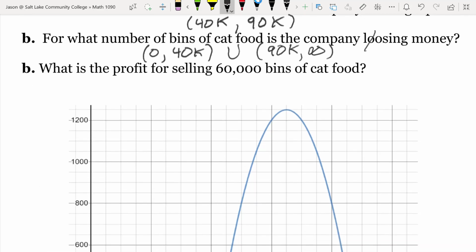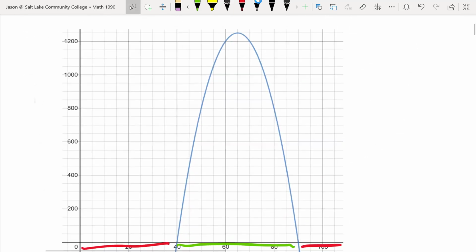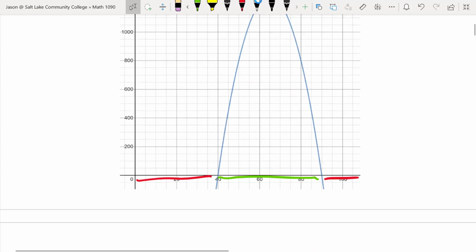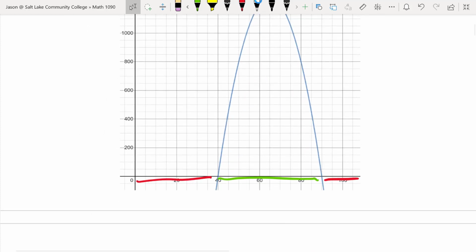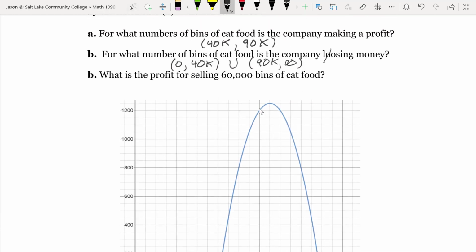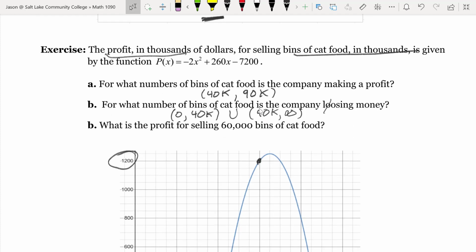What is the profit for selling 60,000 bins of cat food? Okay, I'm going to make this a little smaller now. 60,000 bins of cat food, so that's this line right here. And that puts me right there, which corresponds with a profit of $1,200,000.